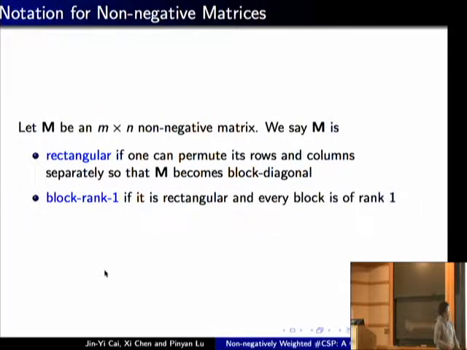So let me just introduce some very simple notation for non-negative matrices. We say capital M is, first of all, a non-negative matrix, and we say it's rectangular if you can permute the rows and columns so that it becomes block diagonal. And we say it's block rank 1 if it's rectangular and also all the blocks are rank 1.